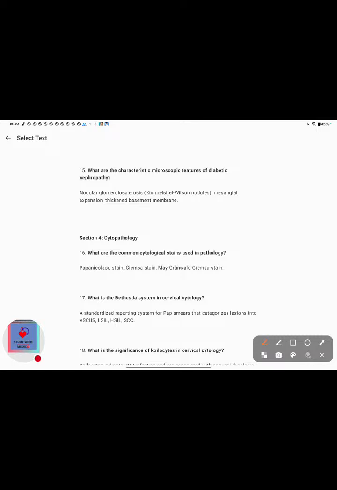The basement membrane becomes very thick, and the glomerulus undergoes sclerosis, that is nodular glomerulosclerosis, also called Kimmelstiel-Wilson nodules, and mesangial expansion.